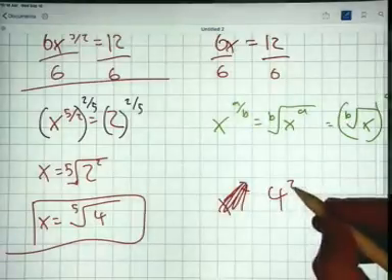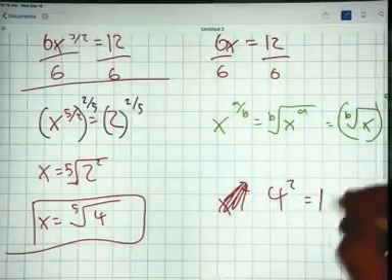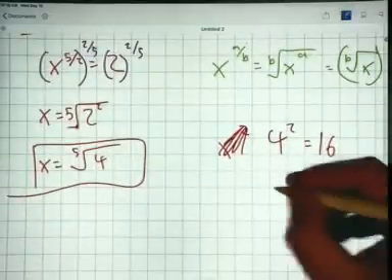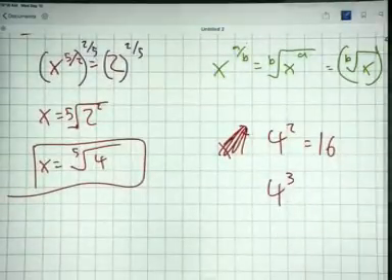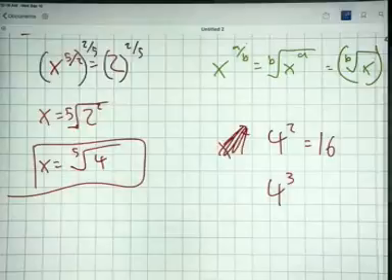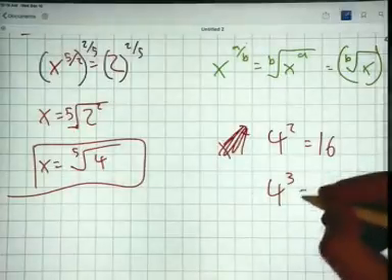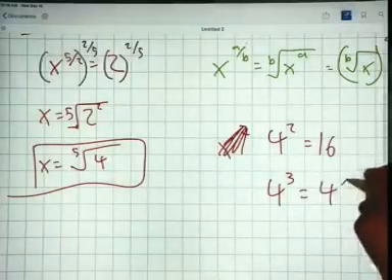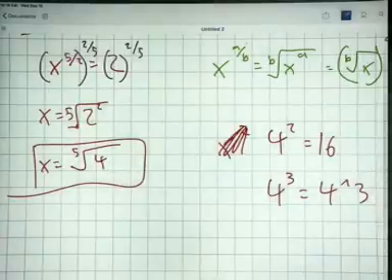Most calculators have the exponent button: 4 squared is 16. Do you know how to do 4 to the third on your calculator? So you're probably doing something like that.